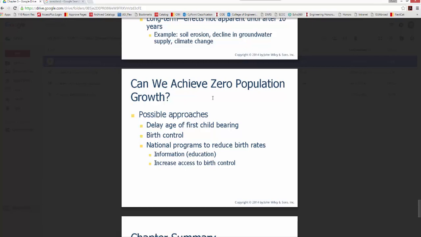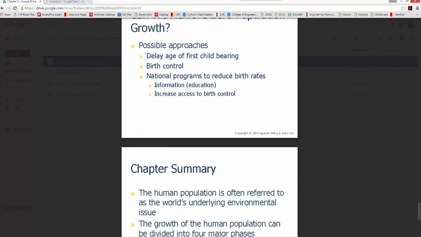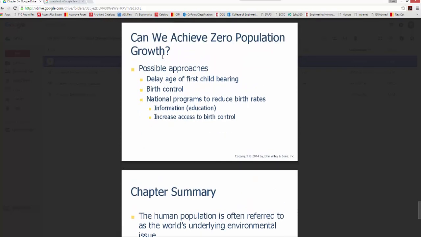Birth control has been around in the pharmaceutical world since the early 1960s, and there are programs out there to reduce birth rates, educate, and increase access to birth control. So there are ways, but personally I don't think we will ever achieve zero population growth. I think there are just too many factors to account for, but again, that's my opinion. That might be a good discussion question for everyone.